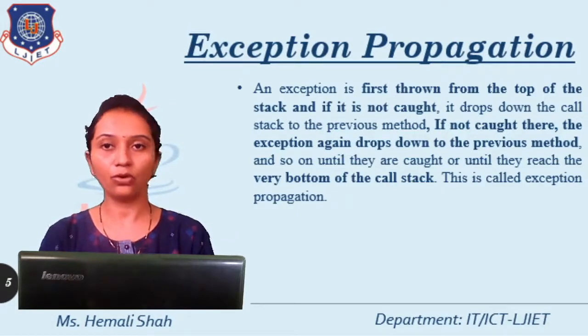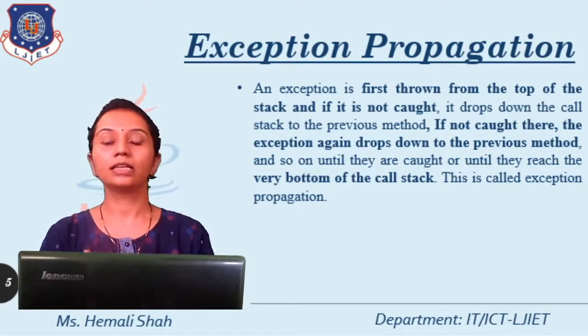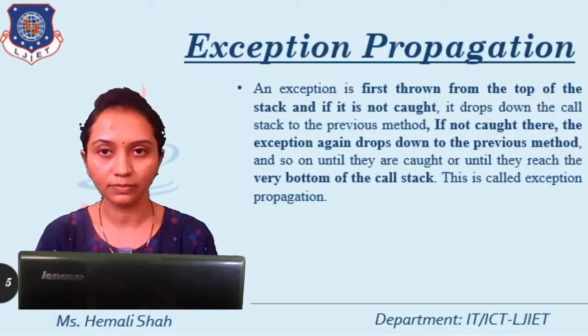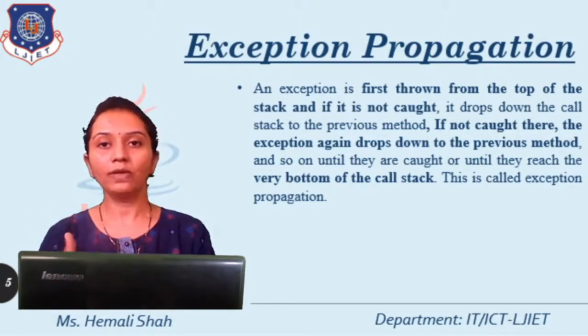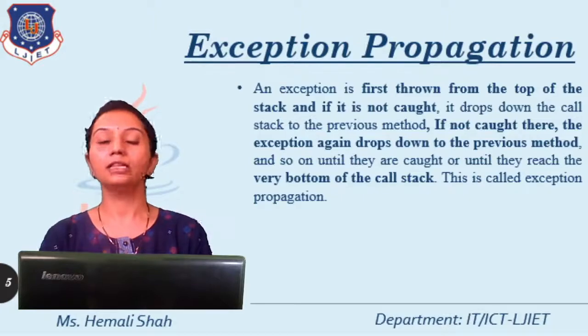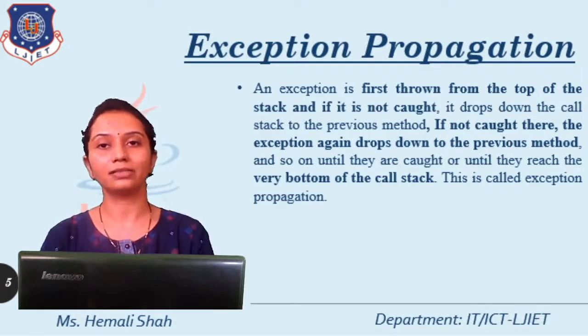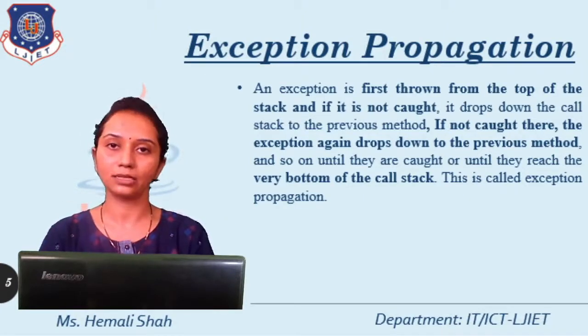Now if it is not caught there, then the exception again drops down to the previous method, and so on, until it is caught or until it reaches the bottom of the call stack. It always propagates, and this mechanism is called the exception propagation mechanism.